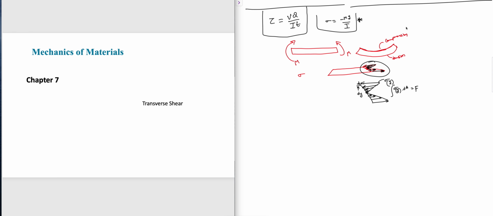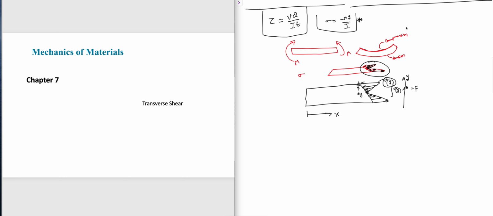So one thing that I want you to remember and understand is stress is a function of y. That means if this is the beam, and let's say this is x, so this direction is y.